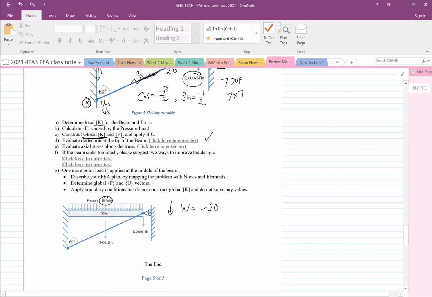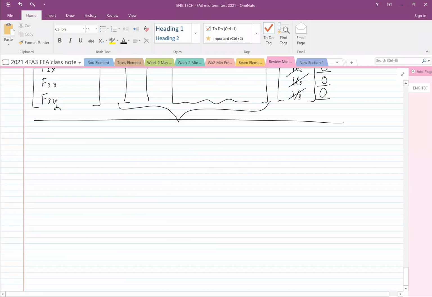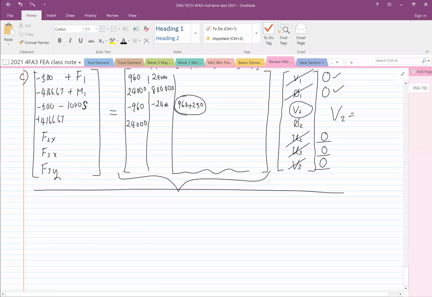Deflection done. And then the axial stress along the truss. Back into the equations. Force axial.